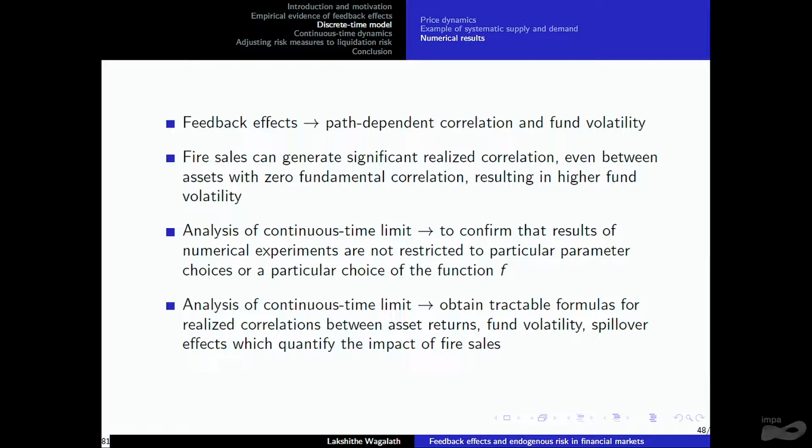But there will always be a doubt as to whether the results that you get are linked to a particular choice of parameters. Right? If you start directly from a continuous time model, you will have a lot of tractability, right? But it seems kind of arbitrary to just start with a given continuous time model, right?